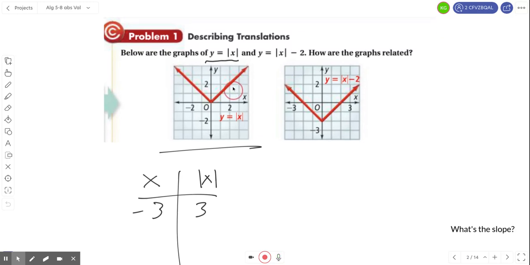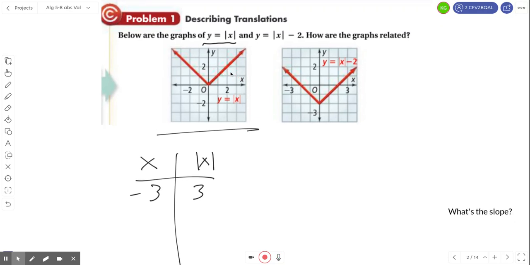Also, if we were going to do -2, the absolute value is 2. If we did +2, well, that's still 2 away from 0. So you'll notice the absolute value function always gives you a positive number on the output, like if you had the number 10, it would be +10.